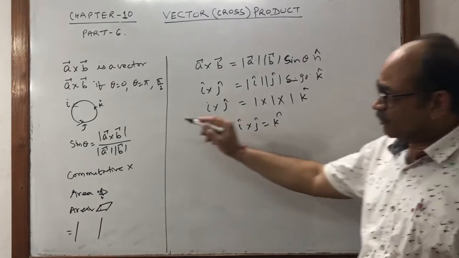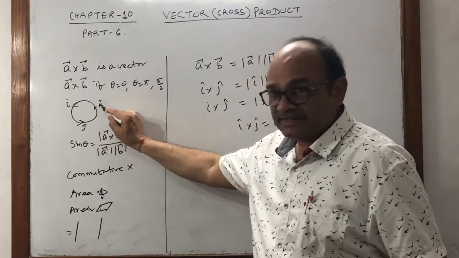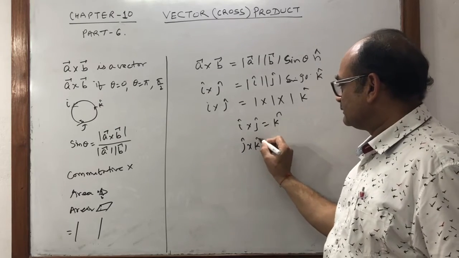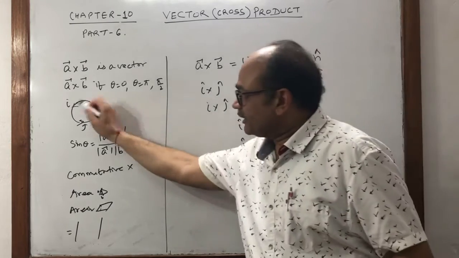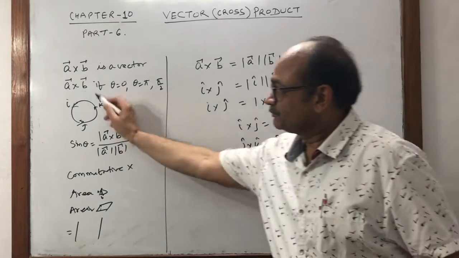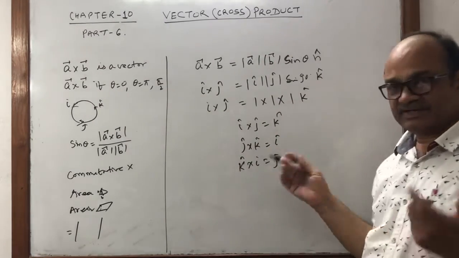Similarly, I cross J is K, J cross K is I, and K cross I equals J. Very simple.